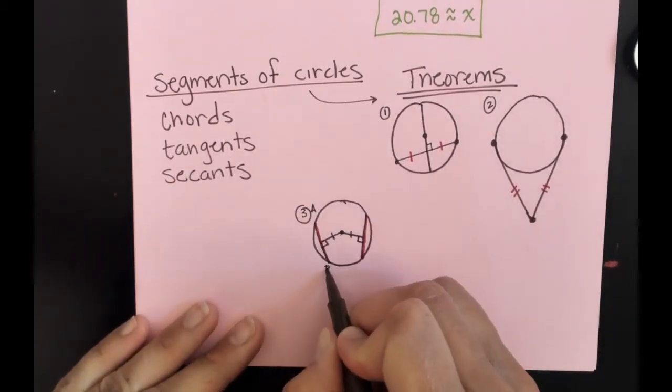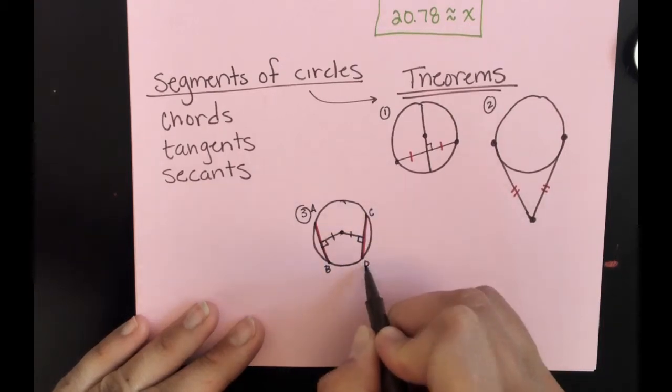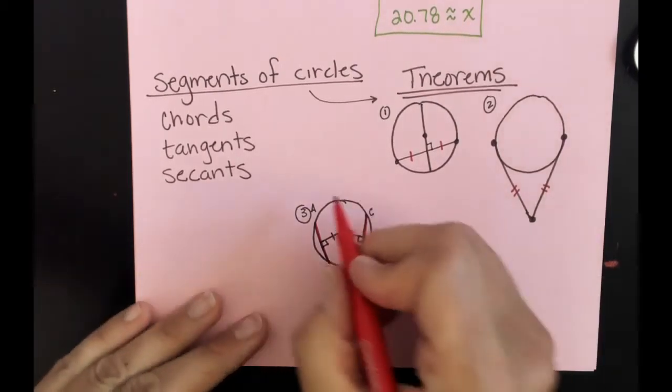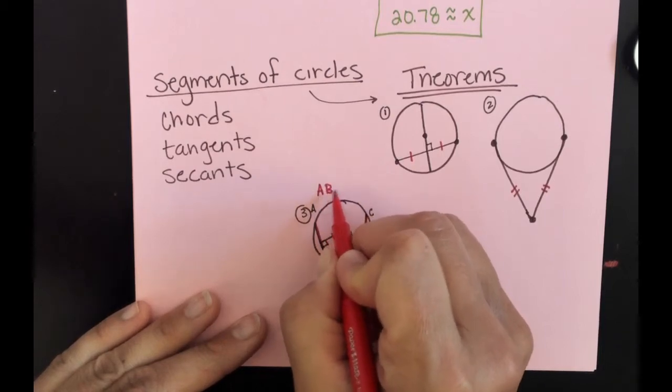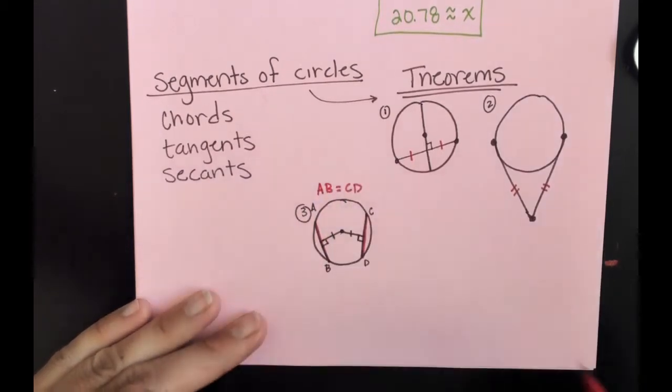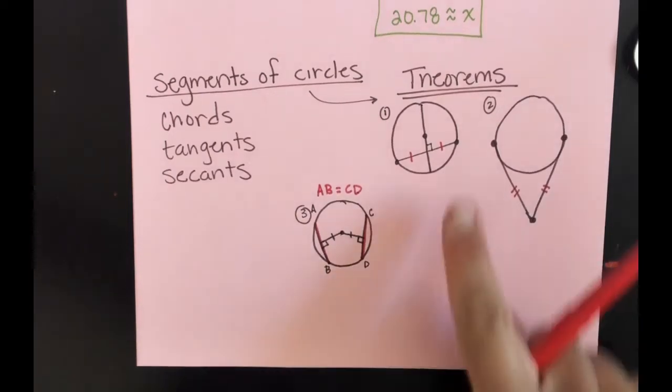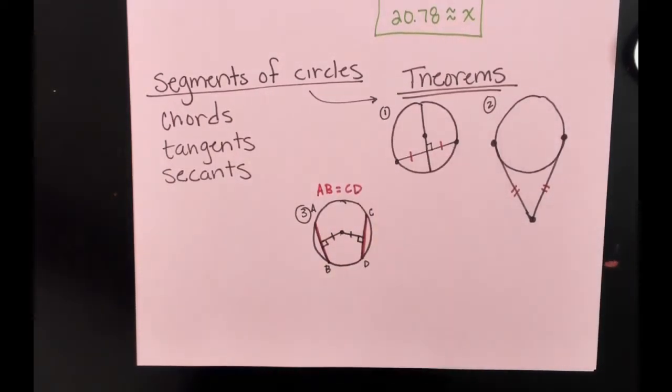So to make it a little bit easier to see, AB would be equal to CD. So we have two different ones so far with chords.